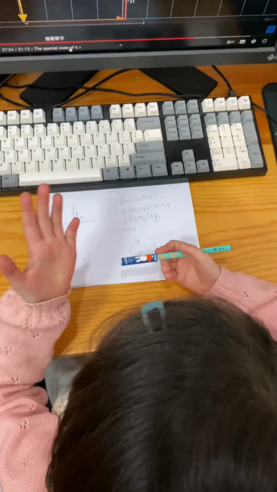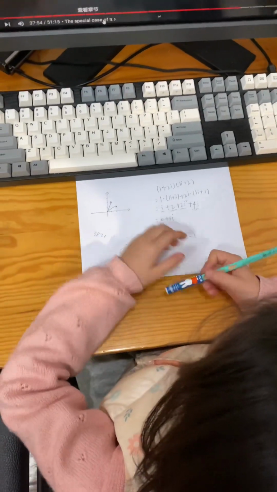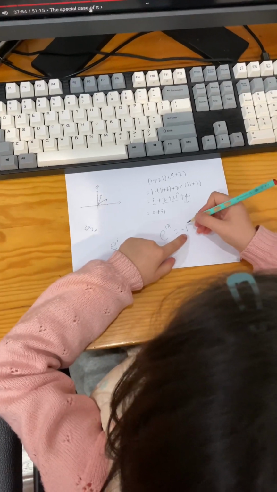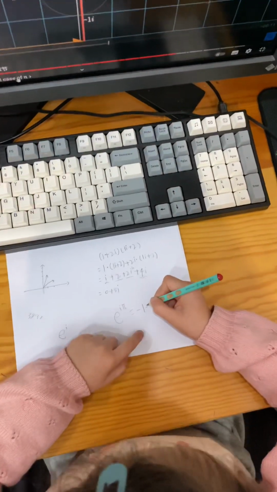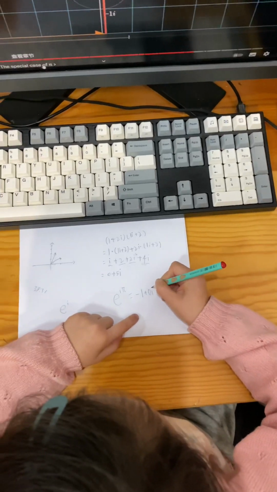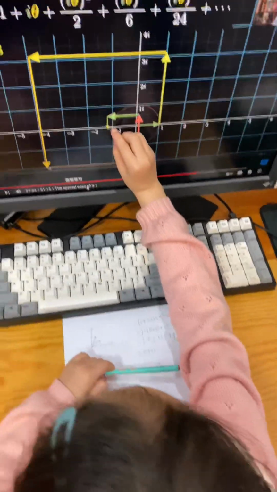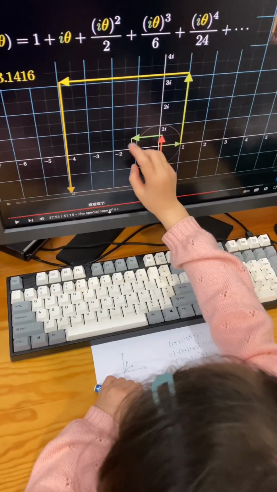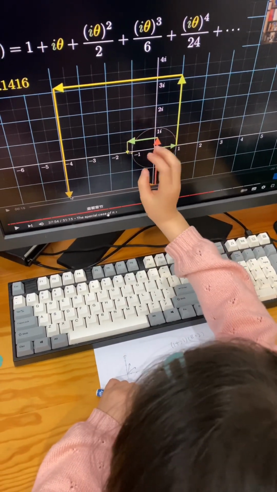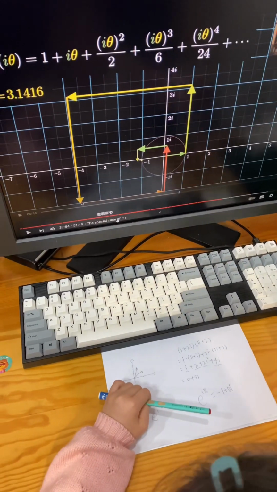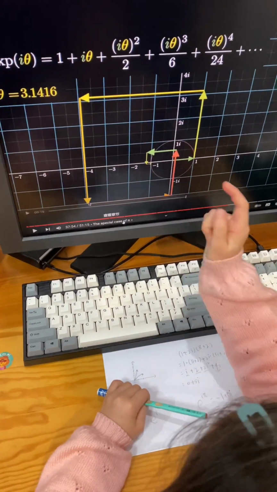Actually, what I mean is e to the power i pi equals -1 plus 0i. Then what it means is, this point, and you go around 2 pi i, then you will get back to the point where you started.